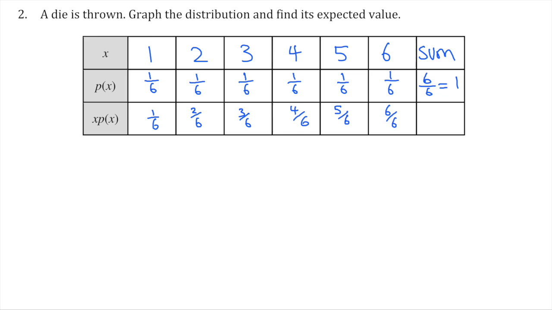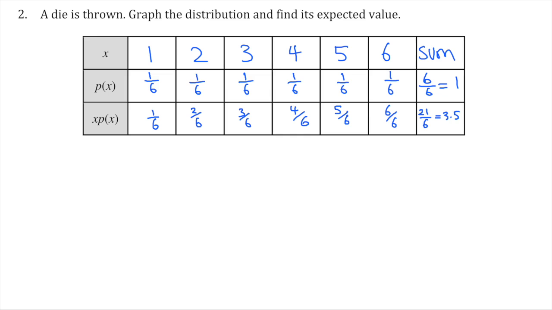If I add this row up, 1 and 2 are 3, 3 and 3 are 6, 6 and 4 are 10, plus 5, 15, plus 6, 21, I get 21 over 6. And 21 over 6 is, as a decimal, 3.5.